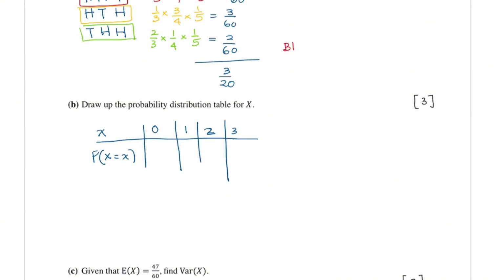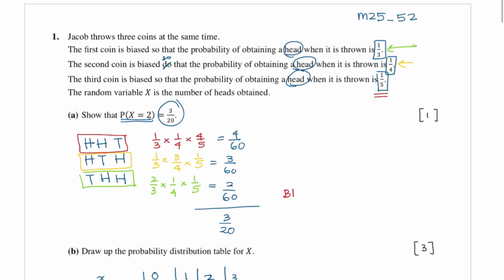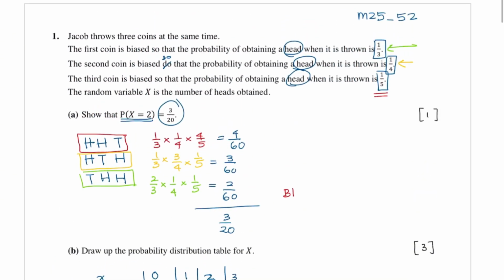What is the probability of it showing a 0? As I mentioned earlier, that is just when they are all showing tail, tail, and tail. The probability of this happening is basically 2 per 3, right? That is the probability of you getting a tail for the first coin. Getting a head is 1 per 3, getting a tail is 2 per 3.